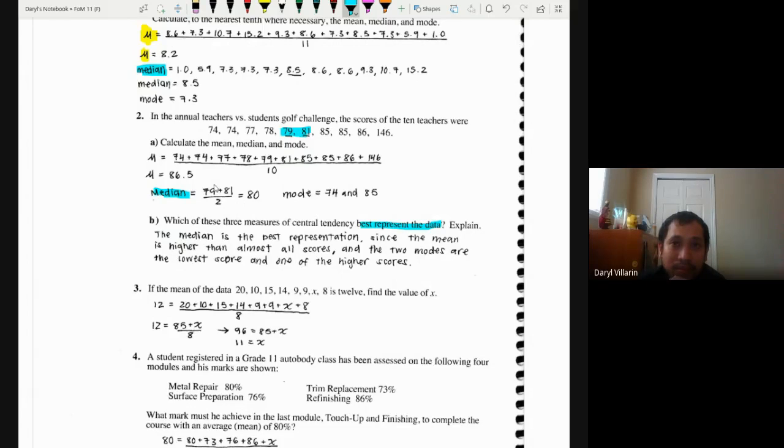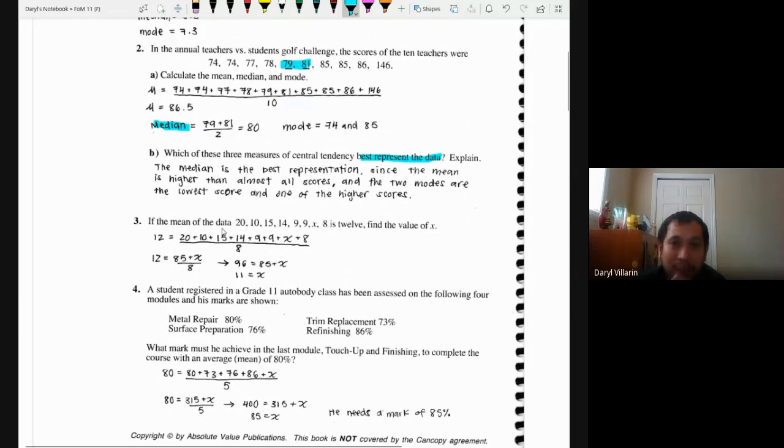Okay. And for number 3, what you're given is that the mean of the data is 12. Maybe perhaps you get confused here because of the numbers. You might be taking the 20 for the mean, but if you read the question, the mean is 12.